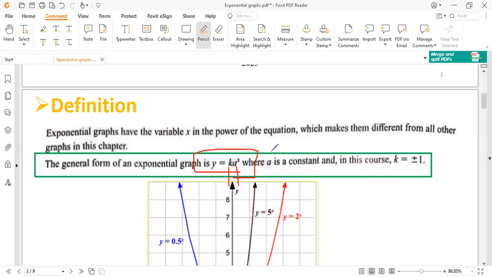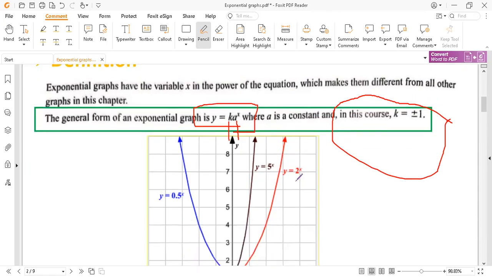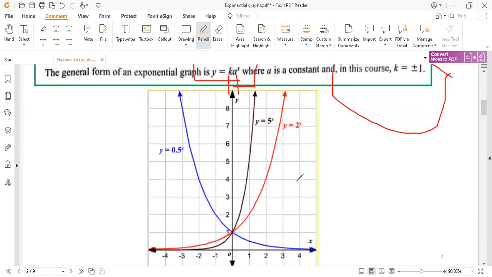In this course, we are only talking about particular cases where k is just the sign, +1 or -1, the sign of a power x. So let's find out how the graph is affected when a is given different numbers.